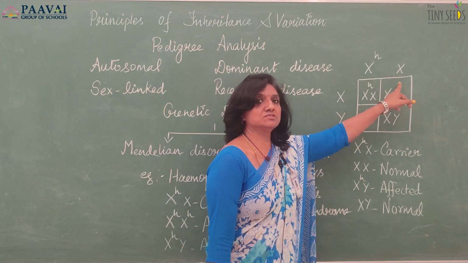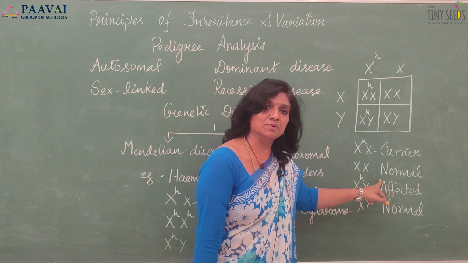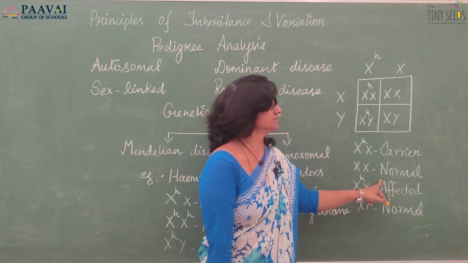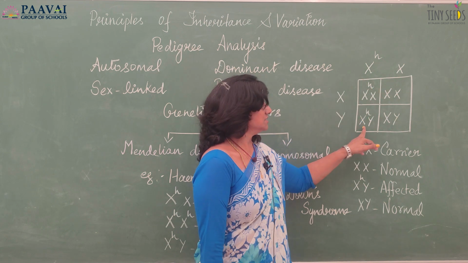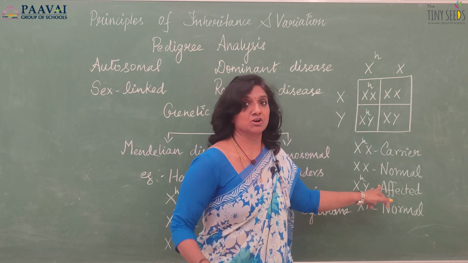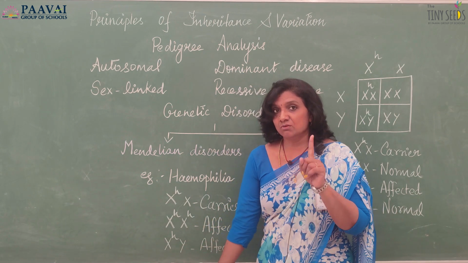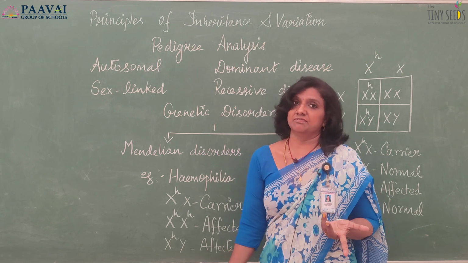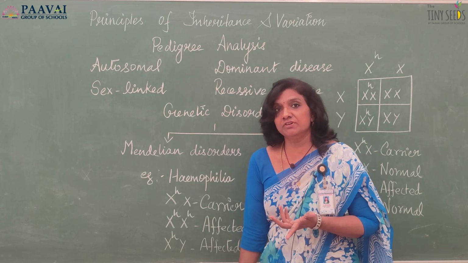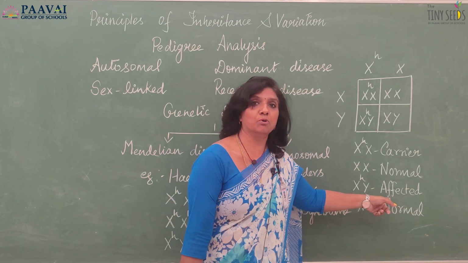If this and this joins means the daughter will be normal. She will not be affected. If this and this joins means the male will be affected. Already I told you the male will have only one X chromosome, and if that is affected, definitely he will be a hemophilic person. So the son will be a affected boy.